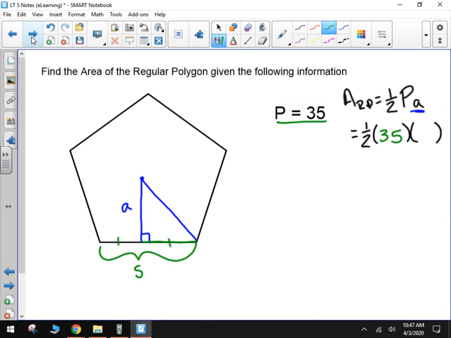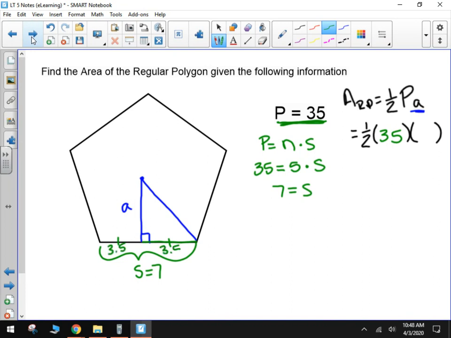So I need to find my side length first. I gave you perimeter. Remember, perimeter is the number of sides times the side length. So my perimeter is 35. I know I have 5 sides, so my side length is 7. And if I cut it in half, each piece is 3.5.